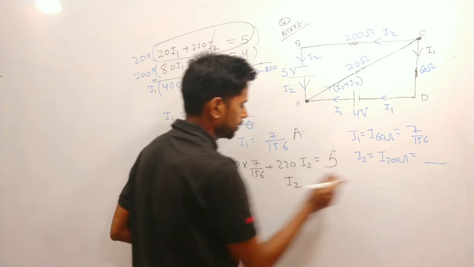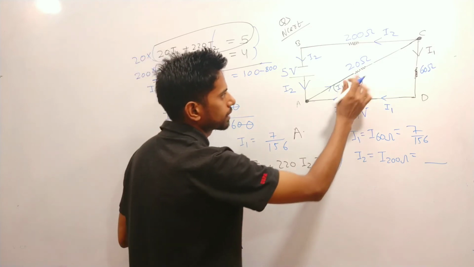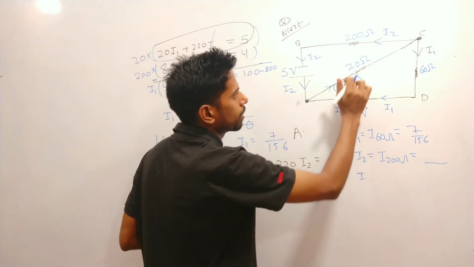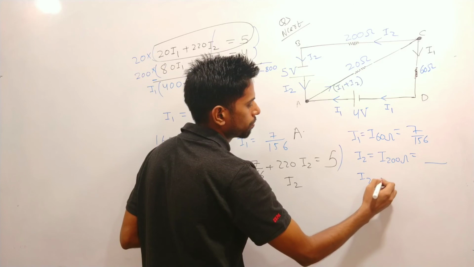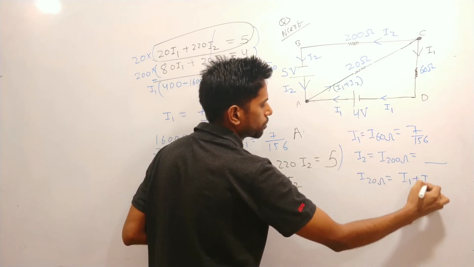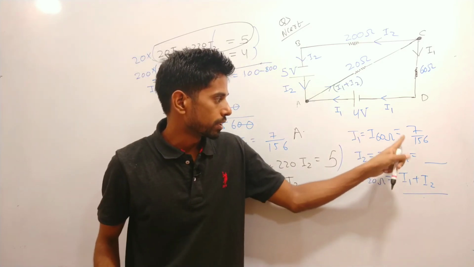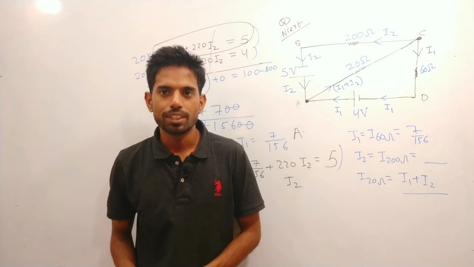This you can find by solving this equation. And what is the current through 20 ohm? This will become I1 plus I2. You comment me the value of this I2 and I3. Okay. Thank you.